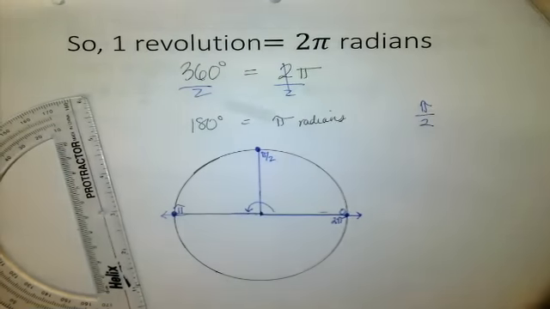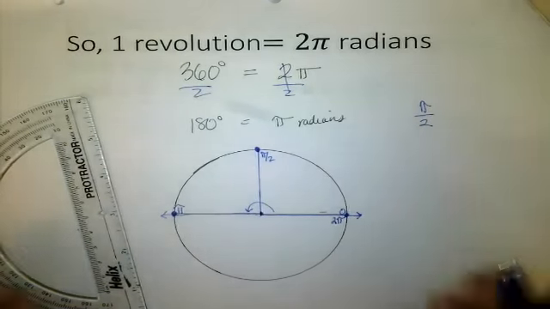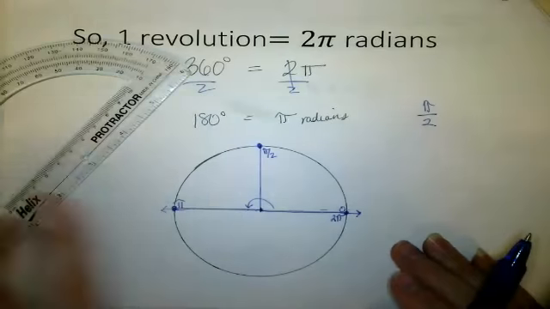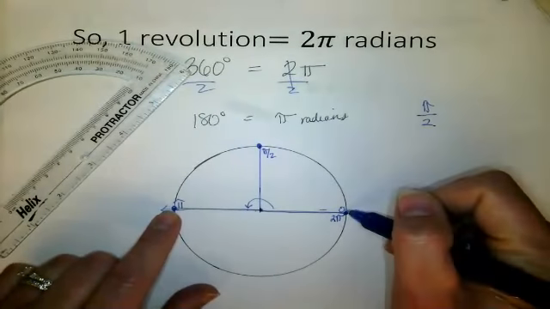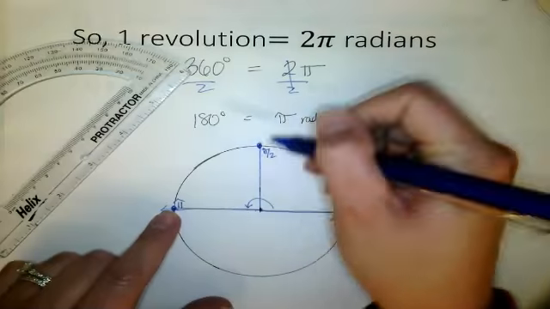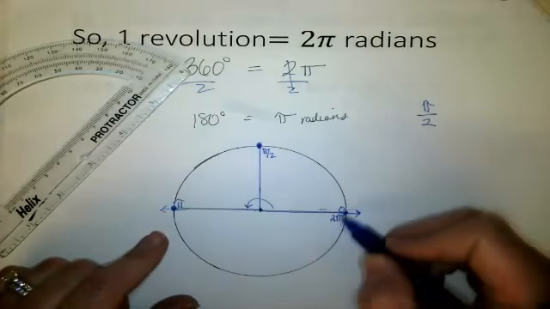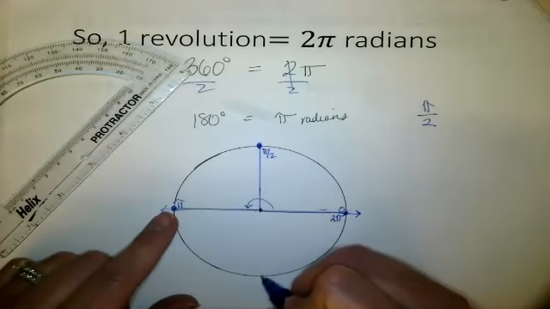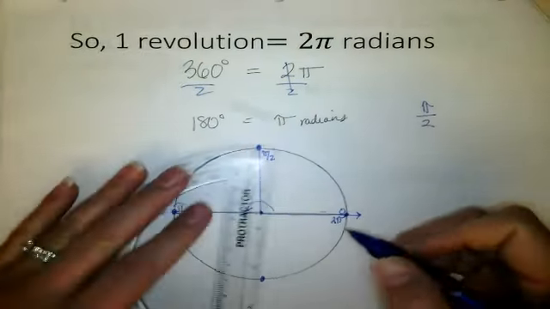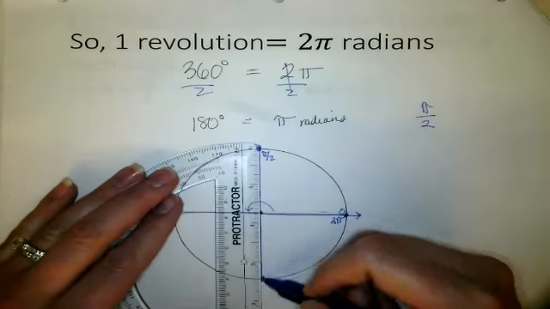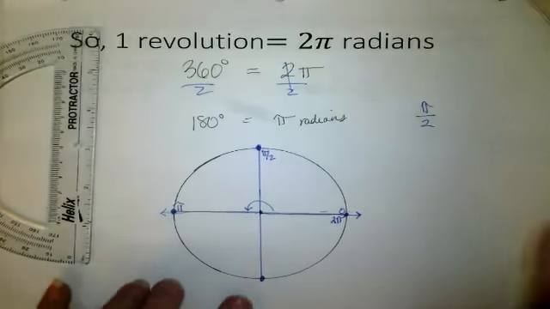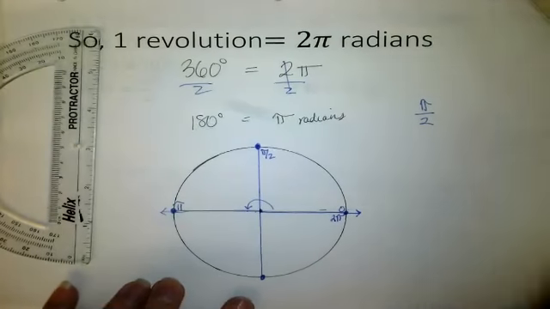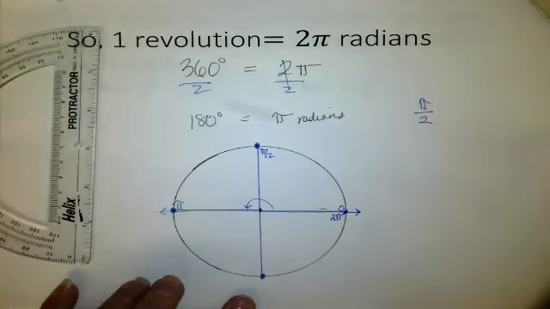Well, the rule of thumb in our trig class here is that if we're going to take pi and split it into 2 equal pieces, then whatever I do to the top, I'm also going to do to the bottom. So I'm also going to take this bottom and split it into 2 equal pieces. Because then I can count all kinds of angles. So the nice thing is we can create fractions forever.